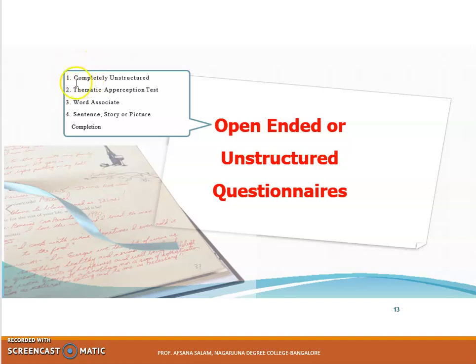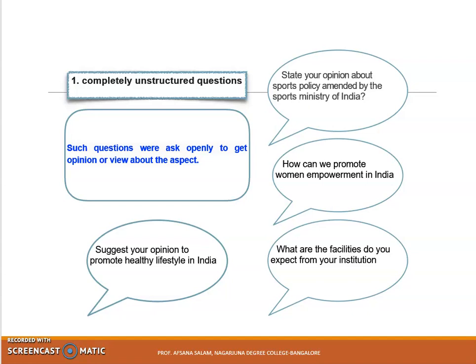The types are completely unstructured, thematic apperception test, word association, and sentence, story, or picture. First one is completely unstructured. Read the questions: state your opinion about the sports policy amended by the sports minister of India. Which particular year? Nothing is mentioned, so it is completely unstructured.